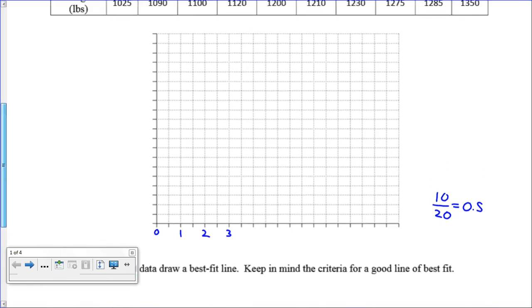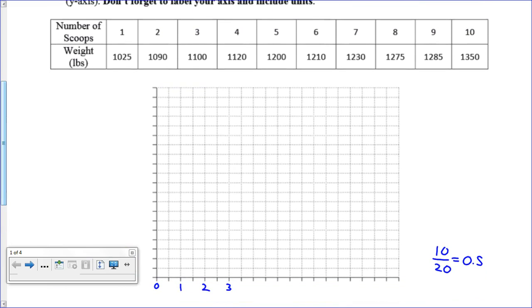Going on the y-axis for the scaling, we've got 1350 there. You could scale it up to 1400, or you could scale it up to 1500. I don't really have a huge preference there, but I think that 1500 is slightly nicer, so I'll go ahead and do that.